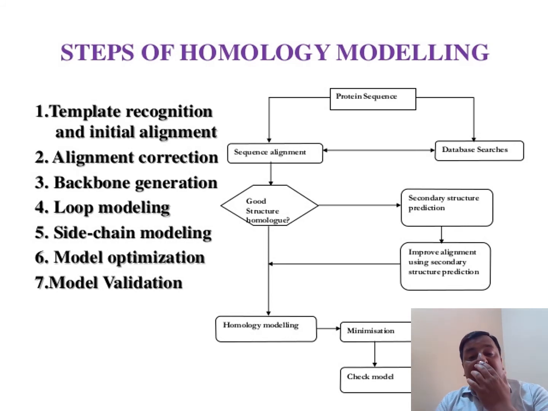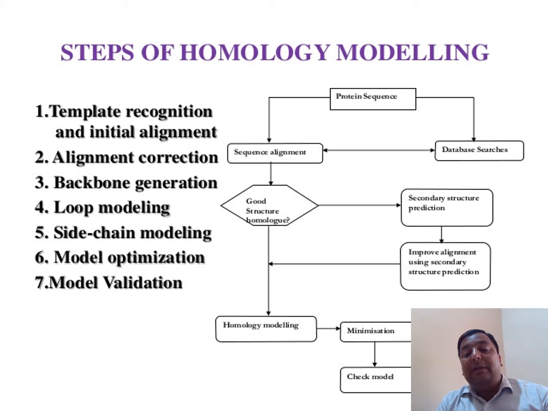So now if you see here also the steps: protein sequences are there, sequence alignments are there, and that sequence alignment has been done by using the database search. Once we say that good structure backbones are there, then we need to see secondary structure prediction, how to identify, how to generate the 2D structures of that particular sequence.